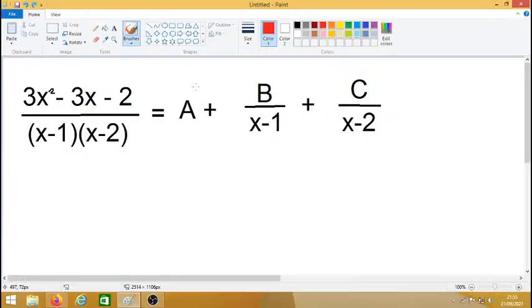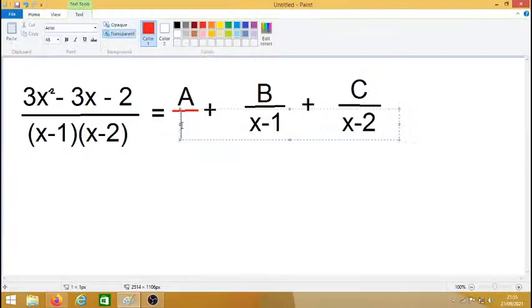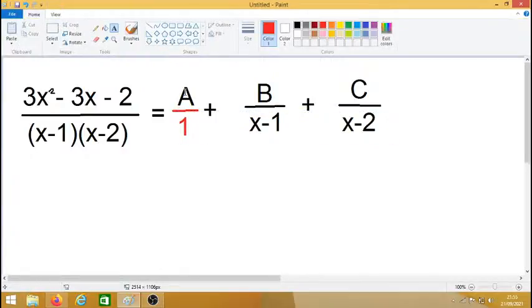So how can we have it the same on 3 parts when there's only 2 fractions? Well, it's quite easy to make this one a fraction by putting it over 1. So we can have A over 1. Now that's a fraction like the others. So what do we need on that first fraction at the bottom? To make it the same, we're going to need an x minus 1, and we're going to need an x minus 2.